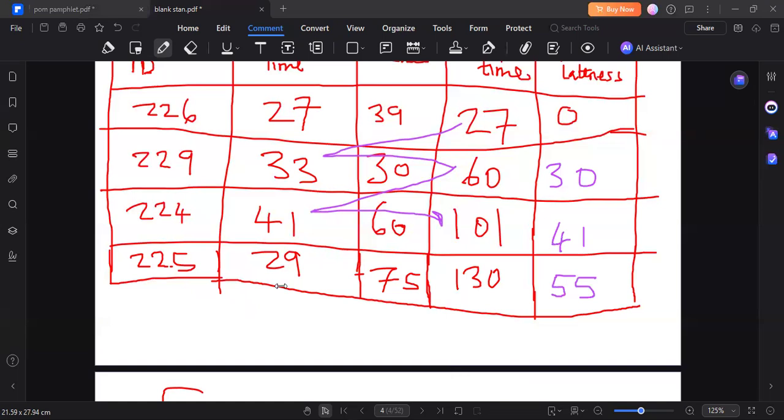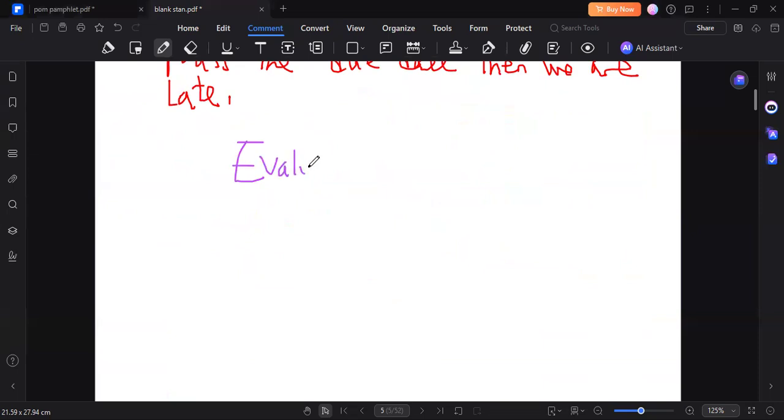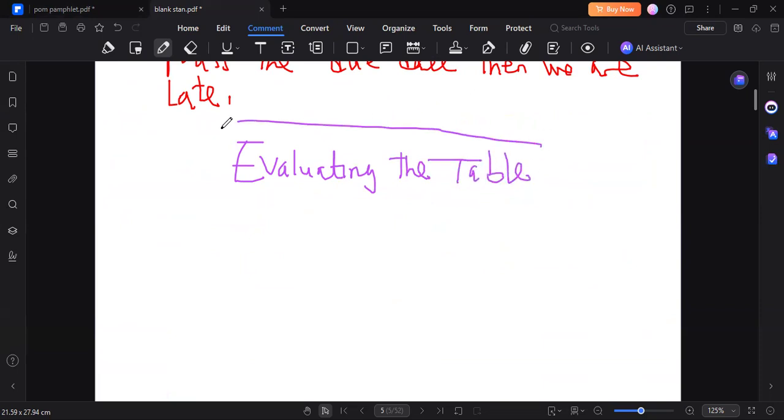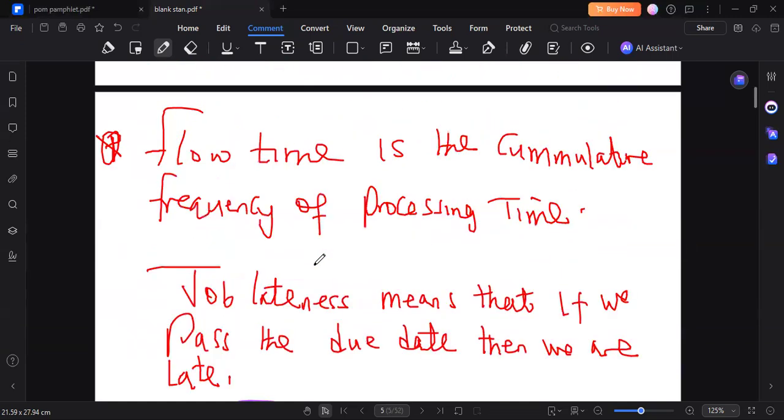Okay. I'm sure you are with me. So let's evaluate this table. We are still evaluating this table. So average flow time. What's average flow time?